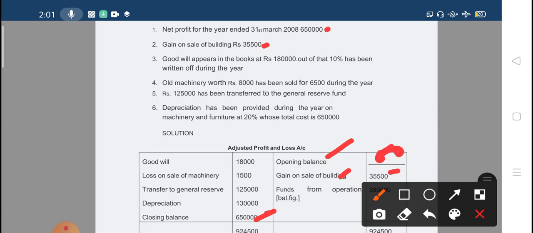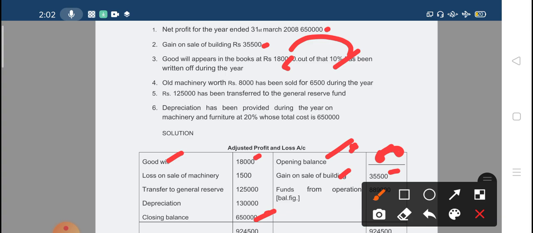If it is given, it has to be taken at the credit side of the adjusted profit and loss account. Then goodwill appears in the books of accounts at 1,80,000 and 10% of 1,80,000 is 18,000. So goodwill 18,000 is taken here.